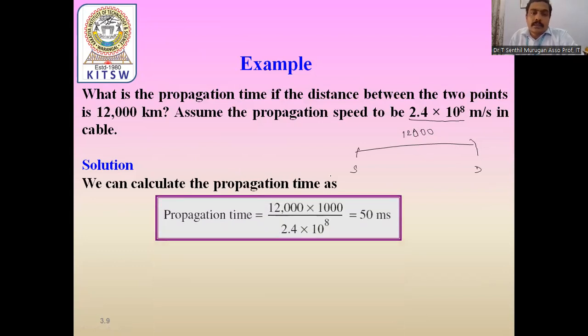So how can we calculate it? Since the speed is in meters per second, we have to convert 12,000 kilometers into meters, so we multiply by 1000. And this is the propagation speed, 2.4 into 10 power 8. Finally, we get 50 milliseconds.